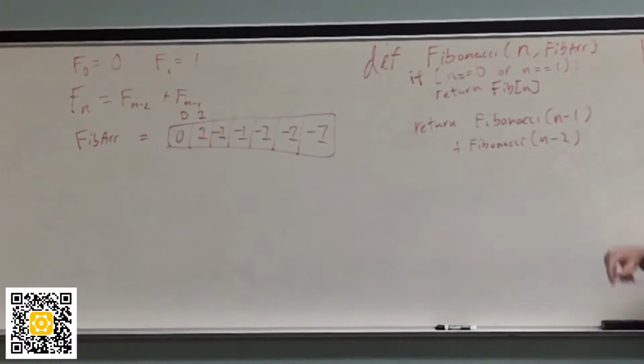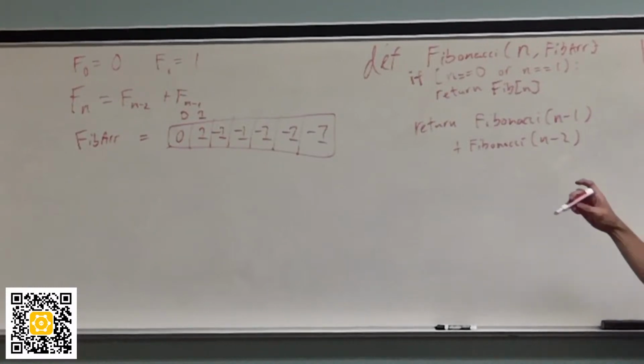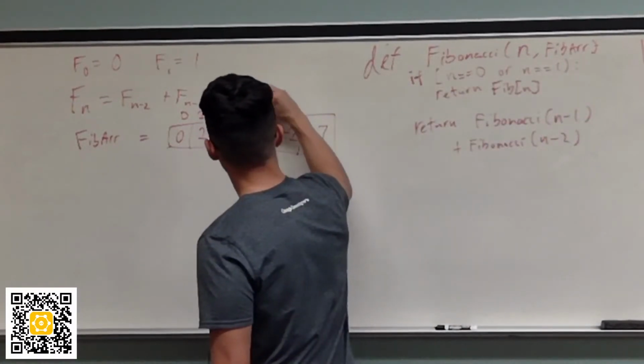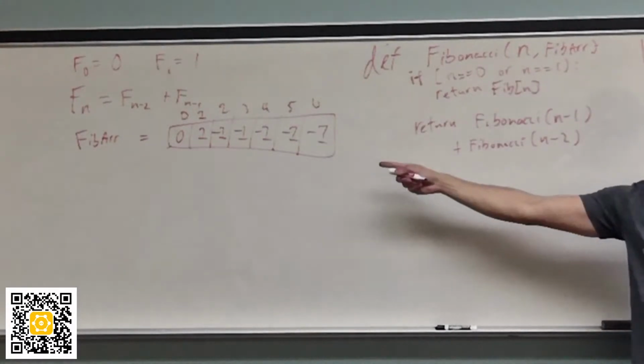We can improve this if statement, because this is only calculating it for 0 and 1. But how do I check to see if a value is filled or not, based off of that array? With the size? No, not the size. How do I know that the fib value at... Oh, as long as they're positive? Oh, yes. So if it's negative, right?